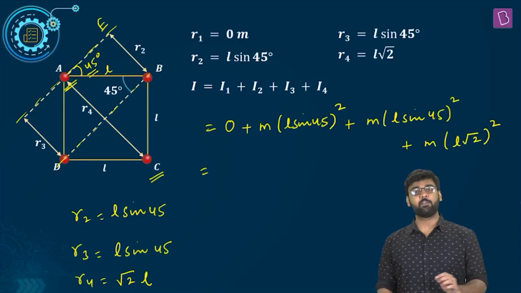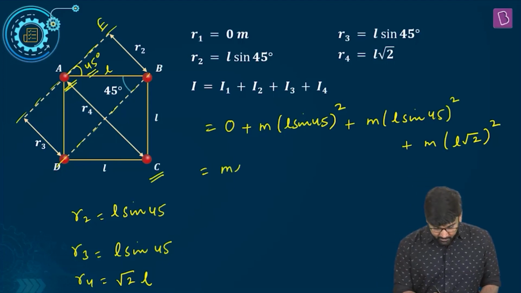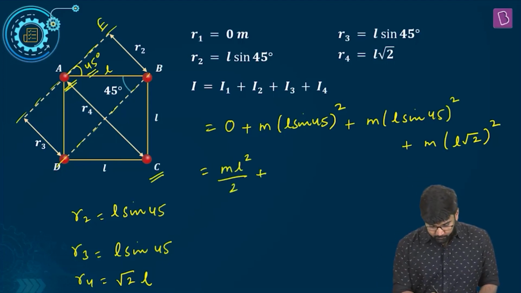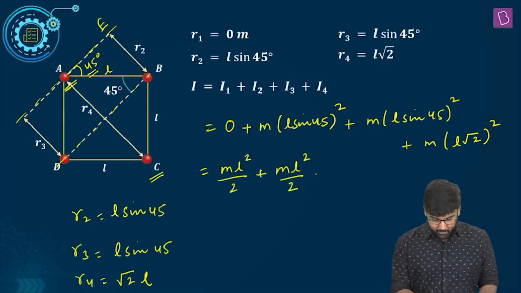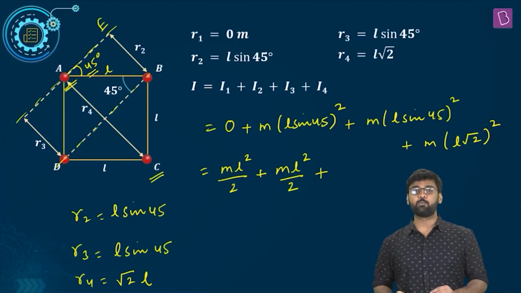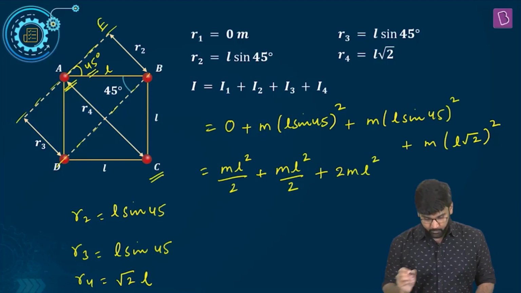L sine 45. Sine 45 is 1 by root 2, and when we square it, it becomes 1 by 2. So this is ml square by 2 plus ml square by 2 again. And here we have L root 2 square will be L square into 2. So this is 2 ml square.